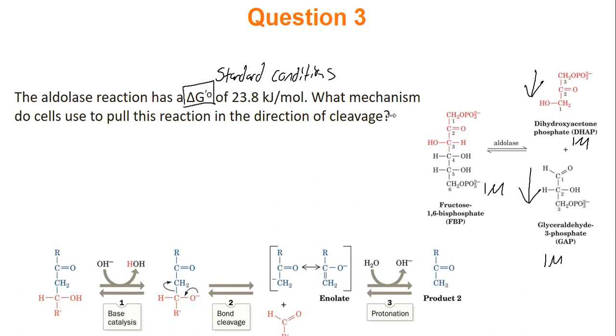What is the difference of delta G not prime and delta G not? So this should be biochemistry standard state. I believe this is chemistry standard state. The big difference that I know of is, I want to say like pH might be one.